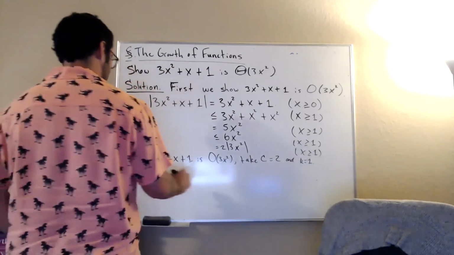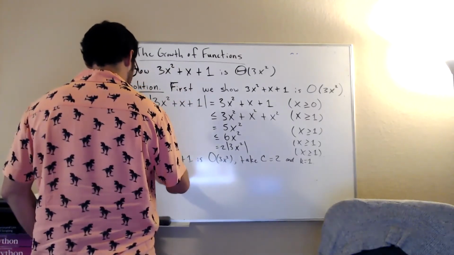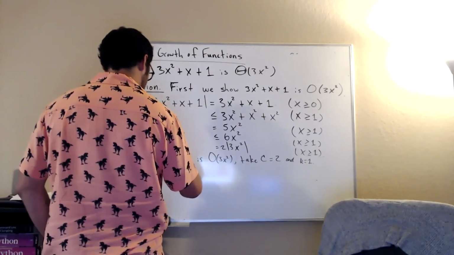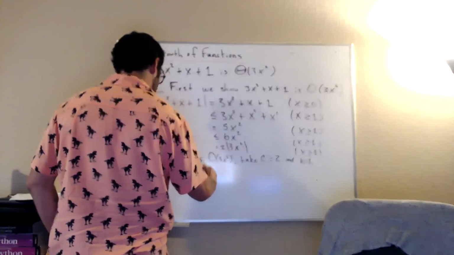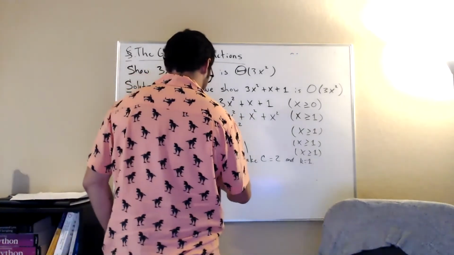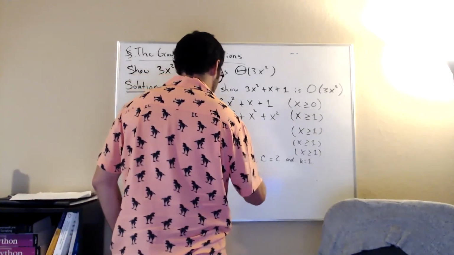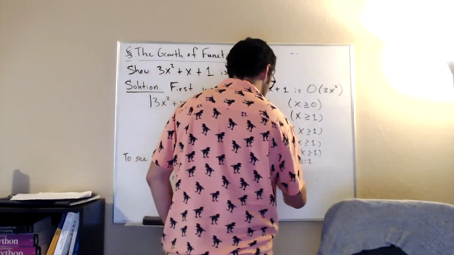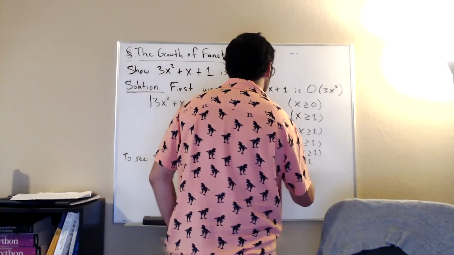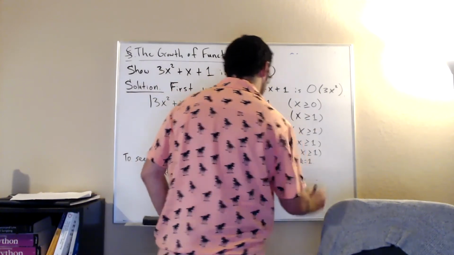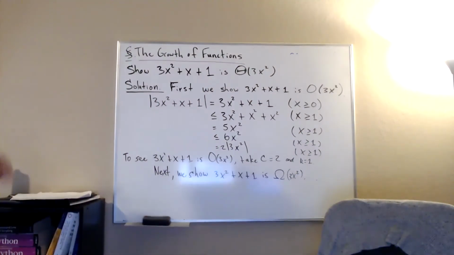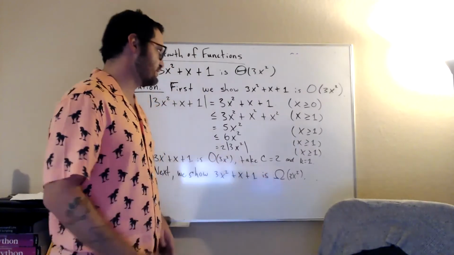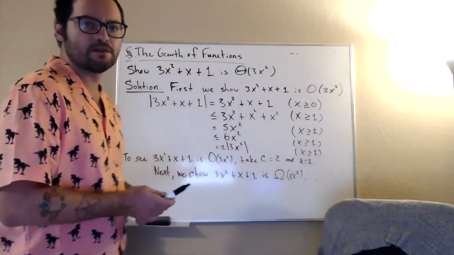Then next we show 3x squared plus x plus 1 is big omega of 3x squared. To show it to be big O of 3x squared and big omega of 3x squared, then it's going to have order 3x squared.